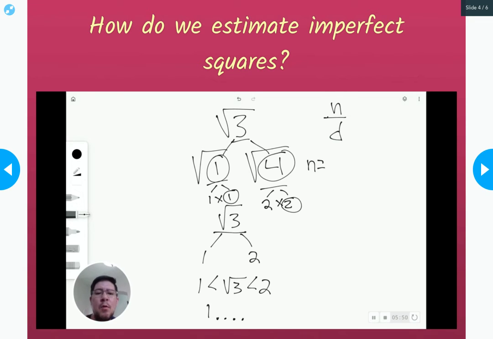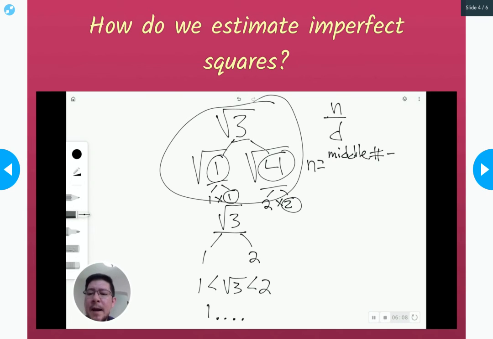In order to do that, we look at our original square roots right here. And what I'm going to do to figure out my numerator is take the middle number and subtract the smaller number. So the numerator is equal to 3 minus 1, which gives us 2.